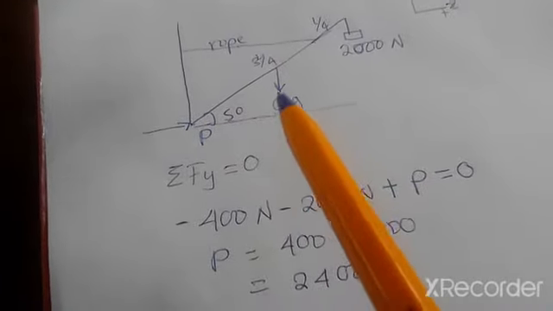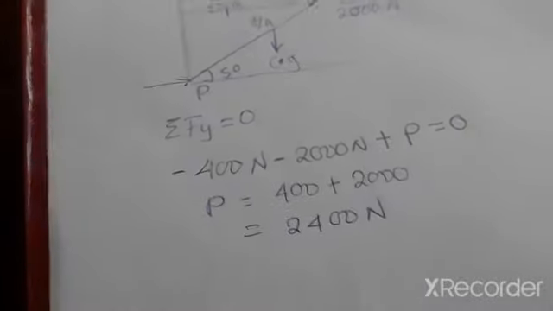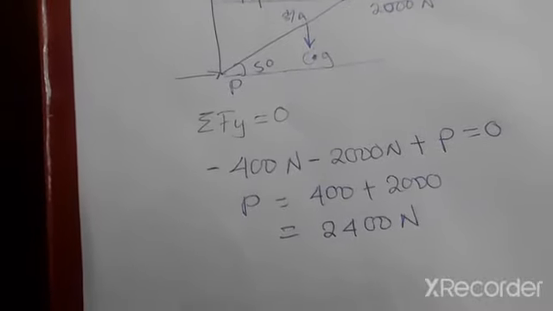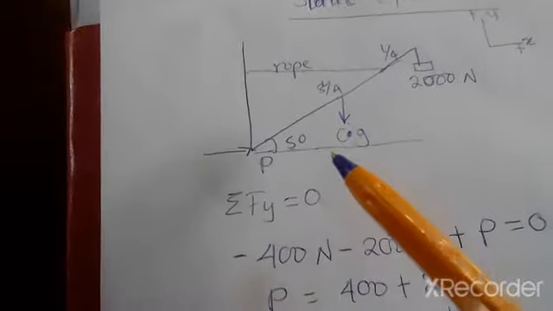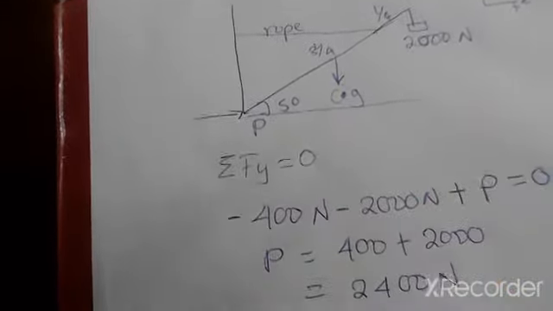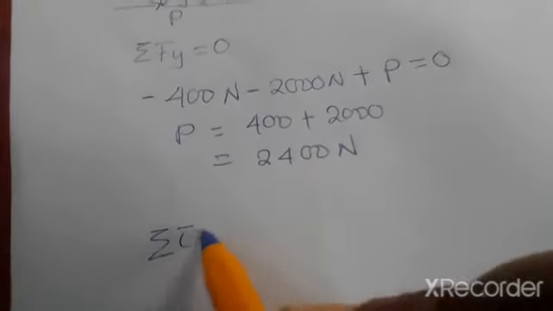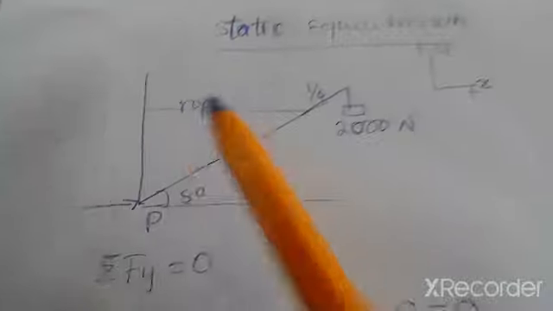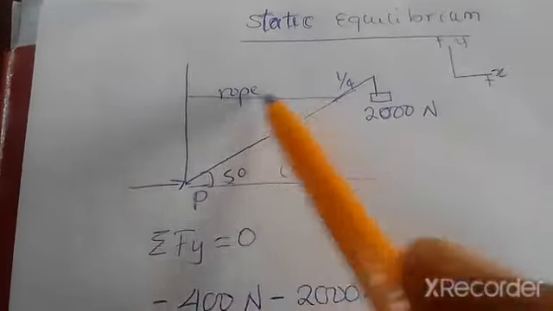To find this force, we are going to use torque. We're going to use the second condition, which is that the net torque of systems in equilibrium is supposed to be 0. So if the net torque is 0, then that will help us to find the tension in the rope.